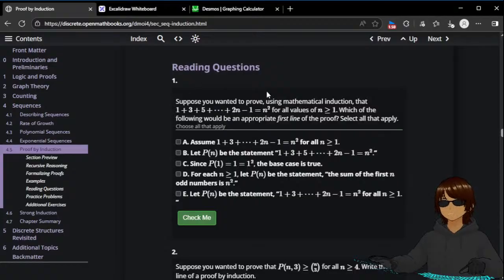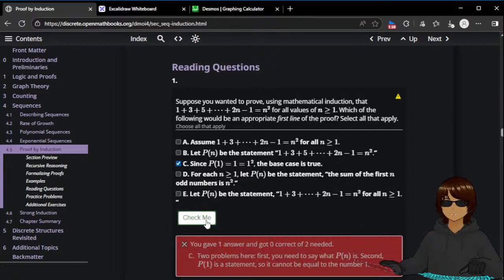Suppose you wanted to prove using mathematical induction that 1 plus 3 plus 5 up to 2n minus 1 is equal to n squared for all values of n greater than or equal to 1. Which of the following would be an appropriate first line of the proof? Okay, this is true. The sum of the first n numbers.